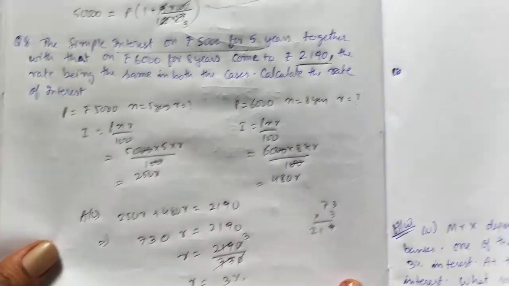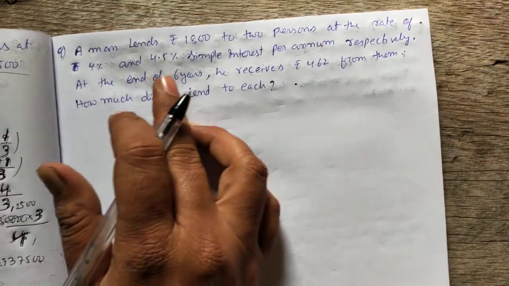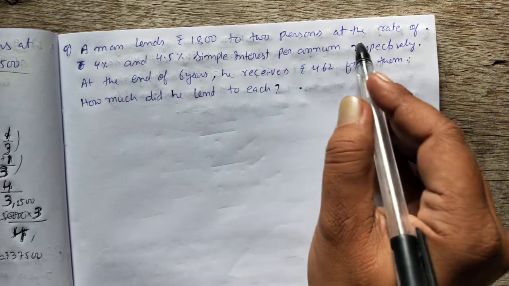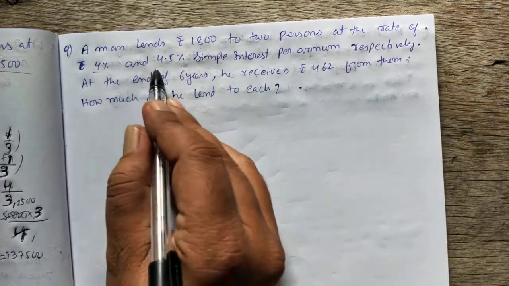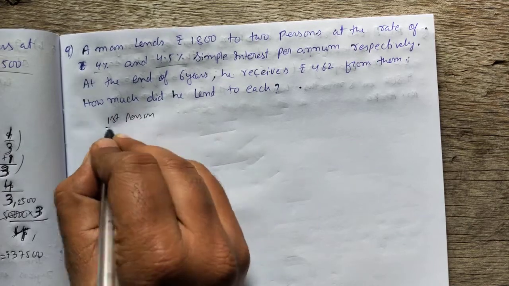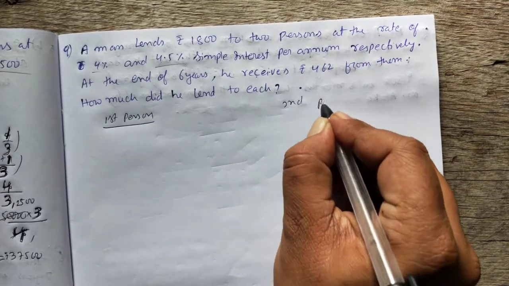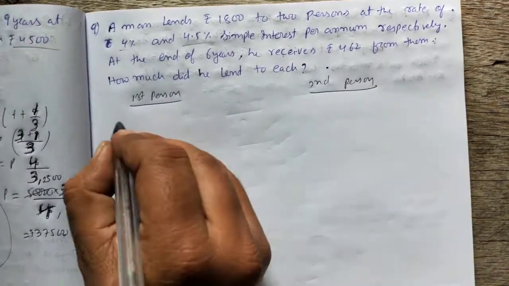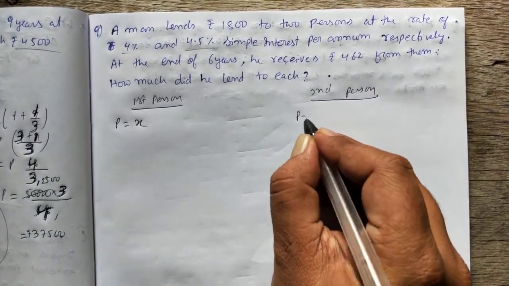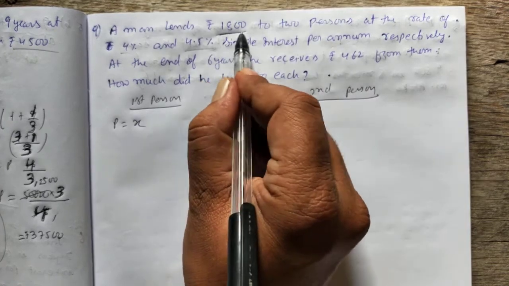Let's do question number 9. A man lent rupees 1,800 to 2 persons at the rate of 4% and 4.5%. So first person, second person, principal. If the first person he is giving rupees X, second person he is giving, total is 1,800.